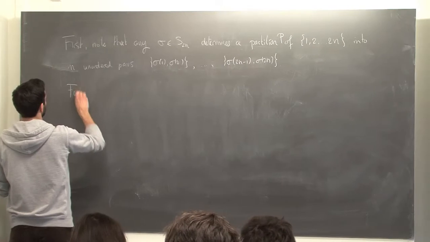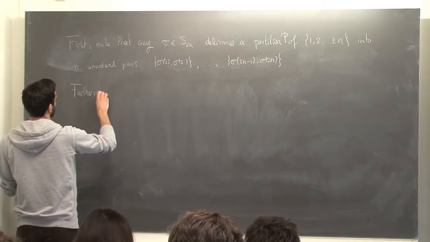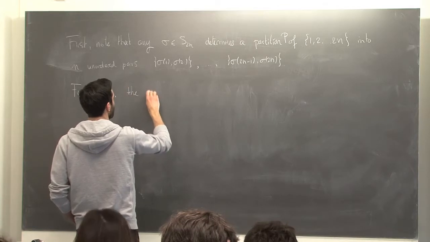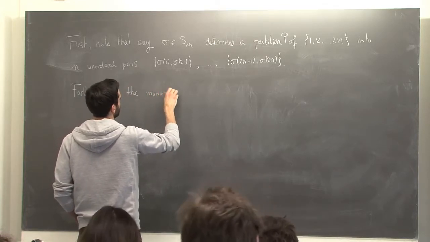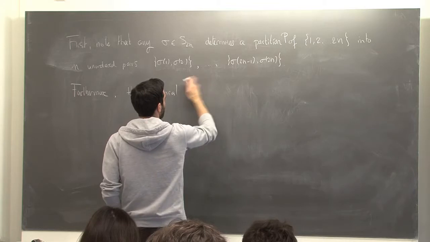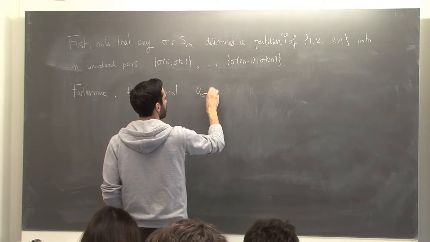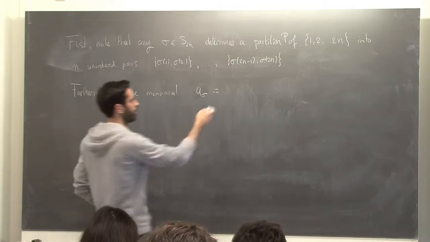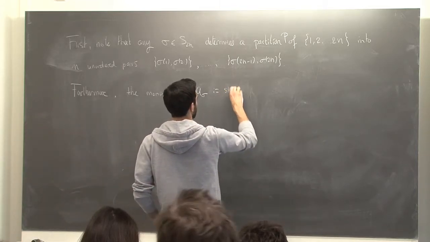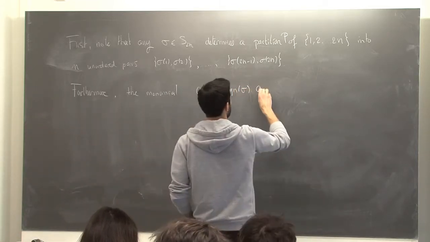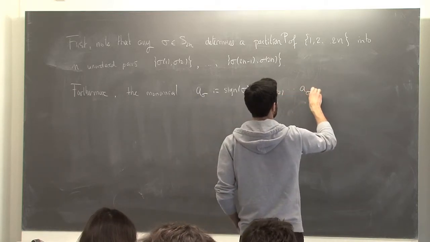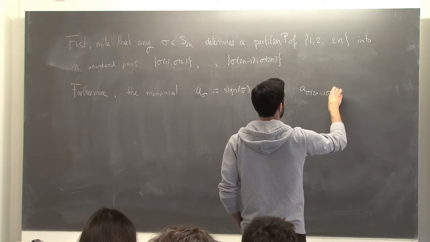Furthermore, the monomial, I'm going to write it A sigma. It will be the contribution of sigma to the Pfaffian. So remember that was the signature of sigma times A sigma 1, sigma 2, through A sigma 2n minus 1, sigma 2n.